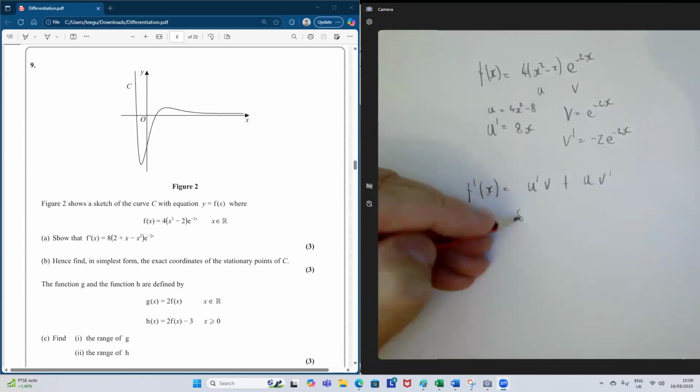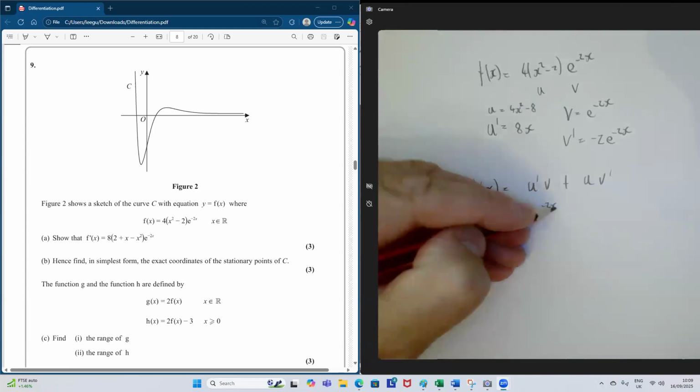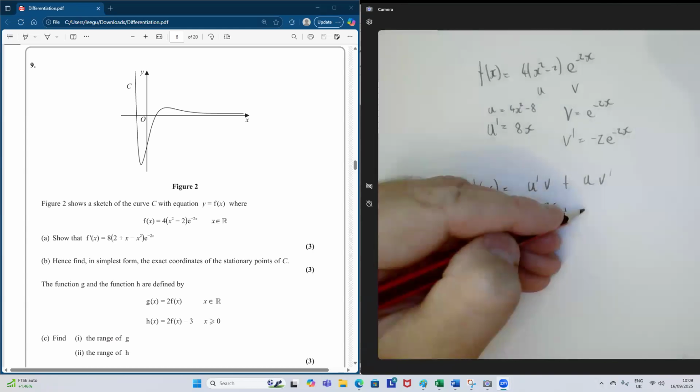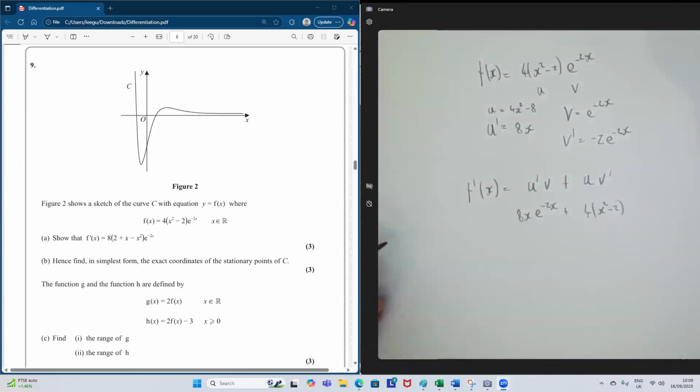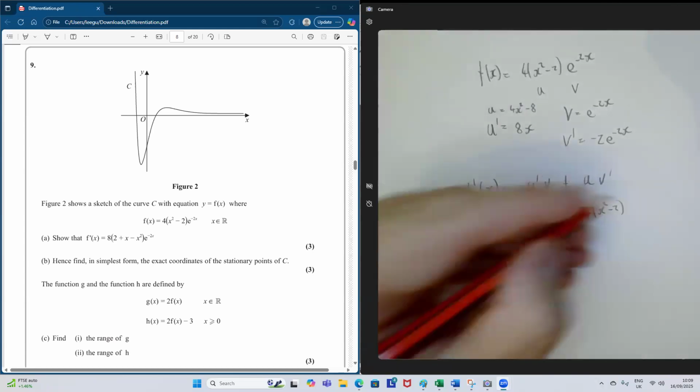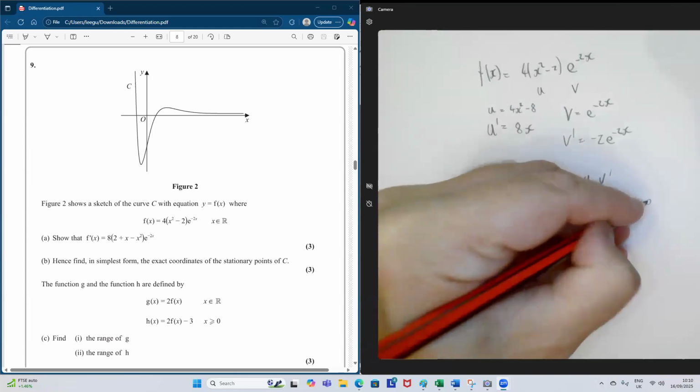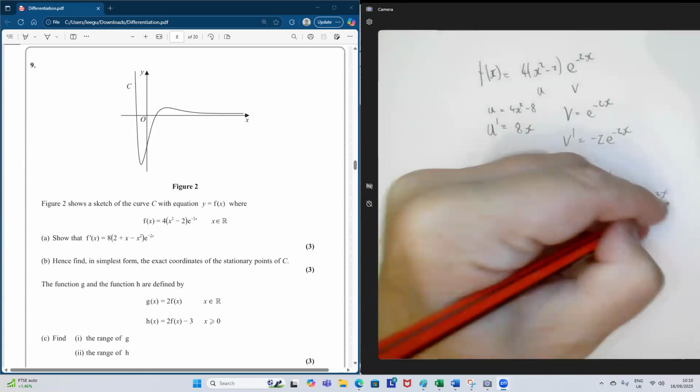So our u dashed is 8x. Our v is e to the minus 2x plus u, which is 4x squared minus 2 times v dashed, and v dashed is minus 2 e to the minus 2x.